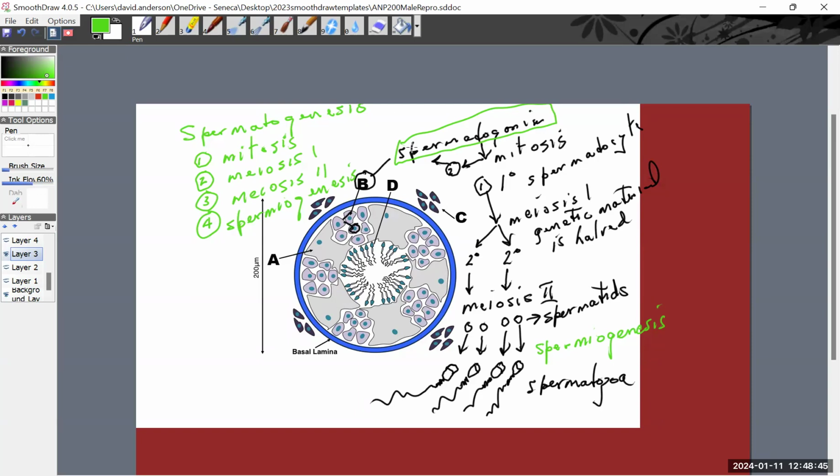So the other thing to be aware of is that when spermatogonia undergo mitosis, they have the full complement of chromosomes. Still have 23 pairs when it's a primary spermatocyte. That was one of the daughter cells of mitosis. Then in meiosis 1, that genetic material is cut in half. So we're going to have 2 cells with half the chromosome complement in each.